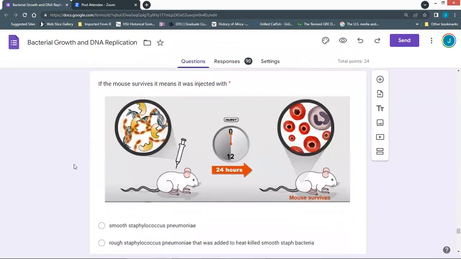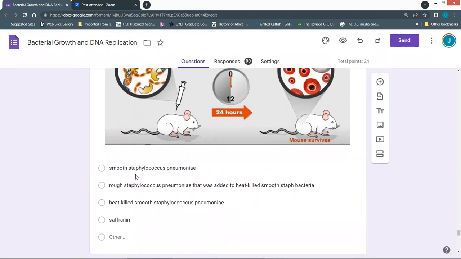Continuing on, here's Avery's experiment. If the mouse survives, it means it was injected with not smooth staph, because live smooth Staphylococcus pneumoniae killed the mouse. Rough staph pneumoniae that was added to heat killed smooth staph bacteria would kill the mouse.